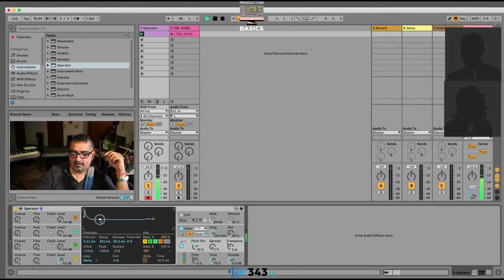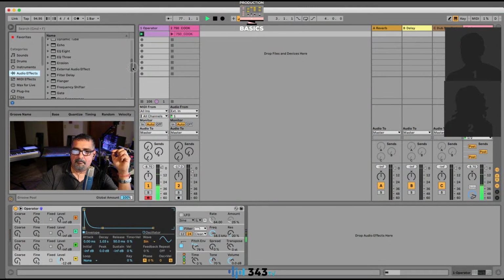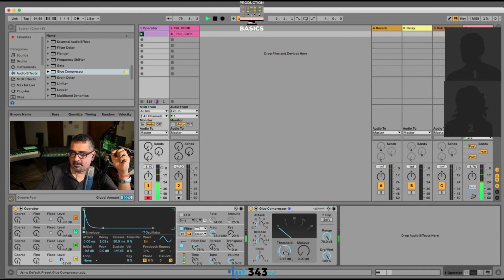That's good. That's okay. We can live with that. And maybe some decay to shorten it. And quickly I'll add some glue compression maybe, just to kind of make it tighter together.